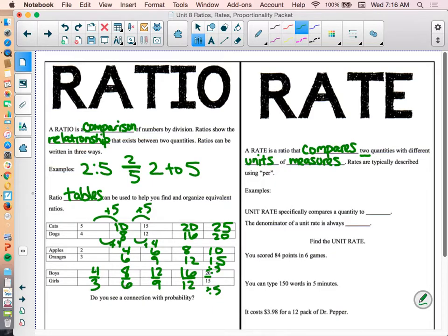Rates are typically described using per. For example, $7 per hour is a rate. 55 miles per hour. Notice the per again. $50 per sweatshirt. Or you might have 9 points per 3 minutes.